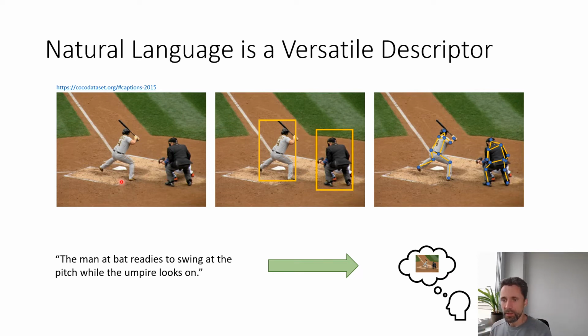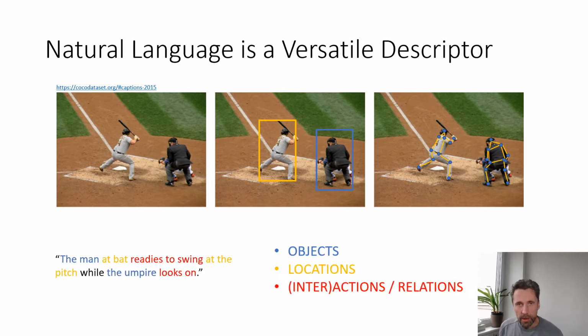Given those comparisons here, I think it is a much better and much more flexible description. Even if a UFO would fly through the image, we could capture that in the sentence. And if you think about it, it's a pretty tough task, right? Language now doesn't just have to tell us what kind of objects are in the image, like the man and the umpire.